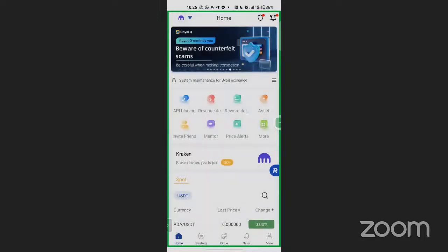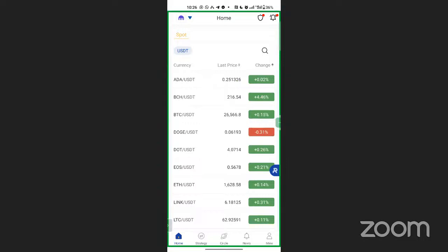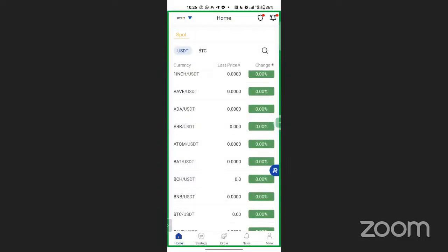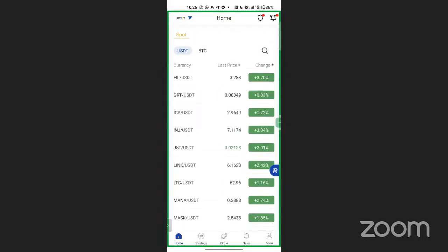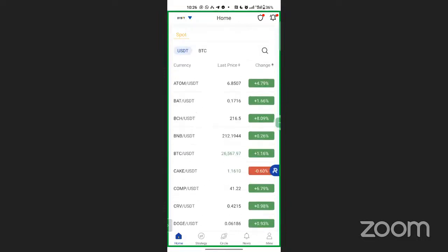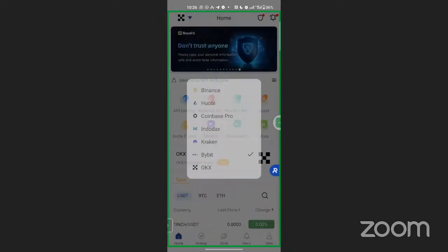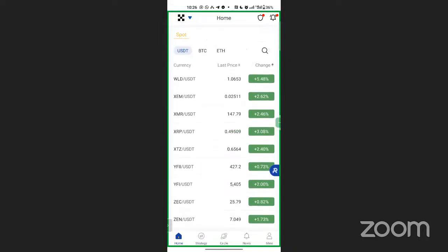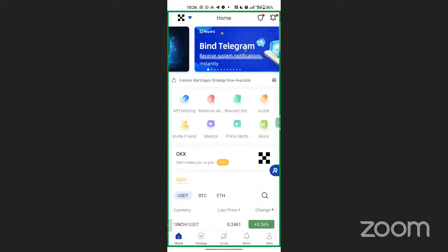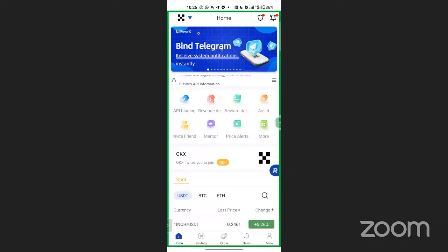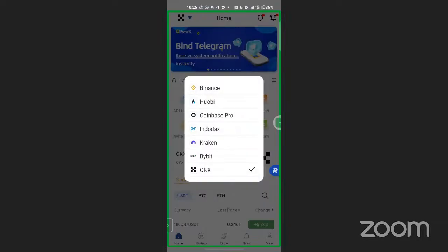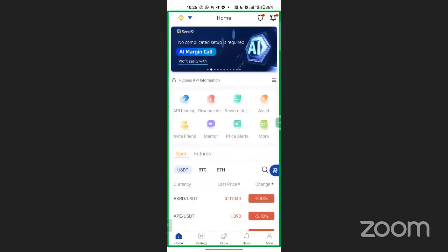If you go to Kraken, you'll find around 8 or 9. In Bybit, there are several coins. Then in OKEX, there are also several coins. So those are the different exchanges, but basically I keep my sharing to Binance.